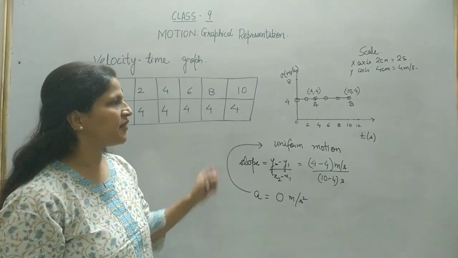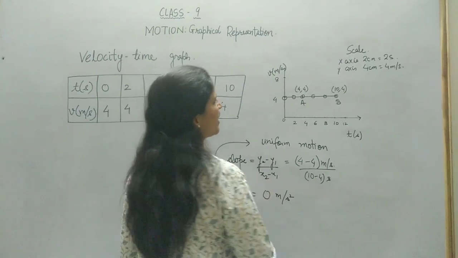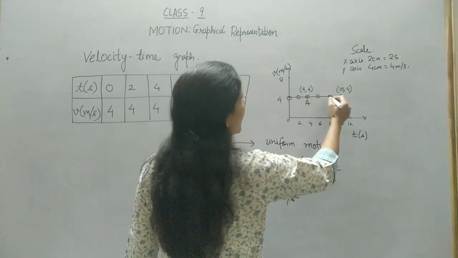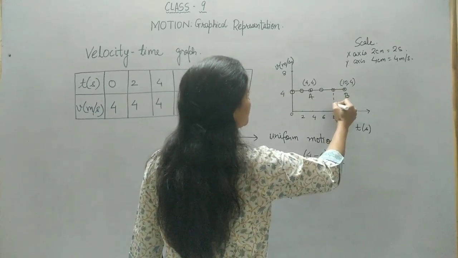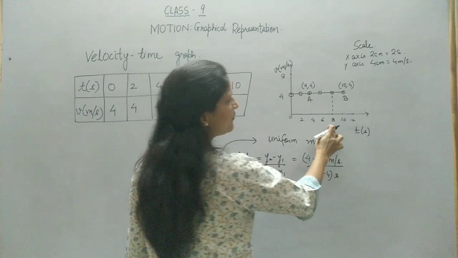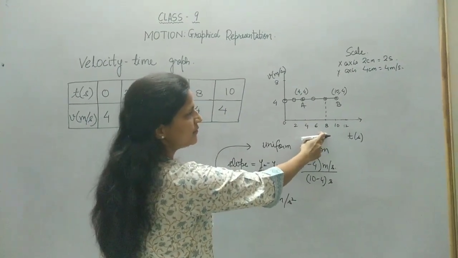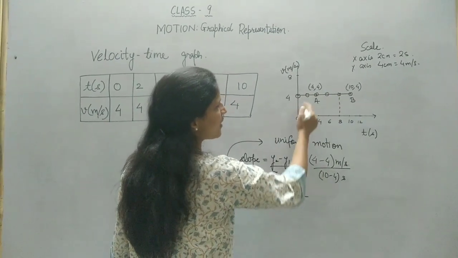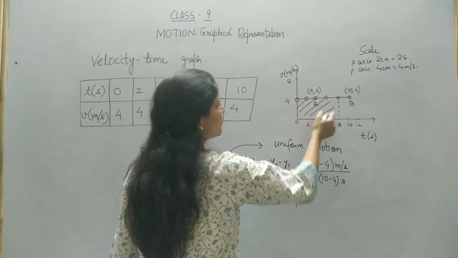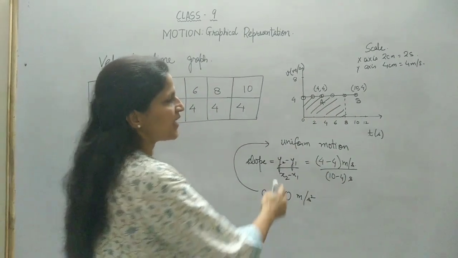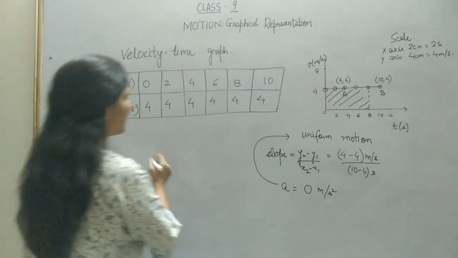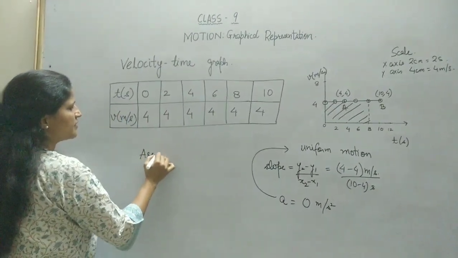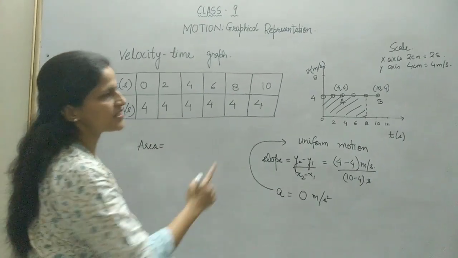Another thing that we can find out from the velocity time graph: suppose I join this point with the x coordinate here and I get a rectangle shape here. This rectangle shape we are getting. Now let us find the area of this rectangle.